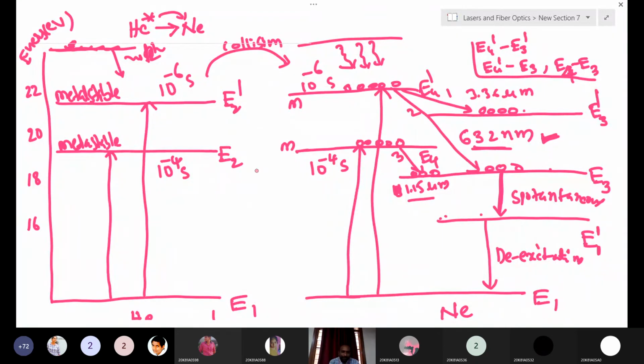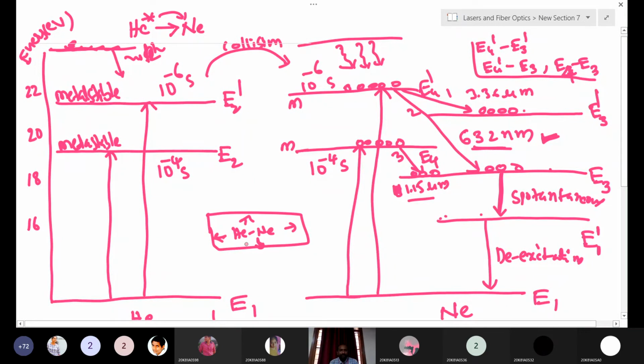Because here we have a gas tube, the helium and neon atoms can move freely throughout the discharge tube. There is no restriction, but helium atoms move more freely than neon atoms because they are lighter.